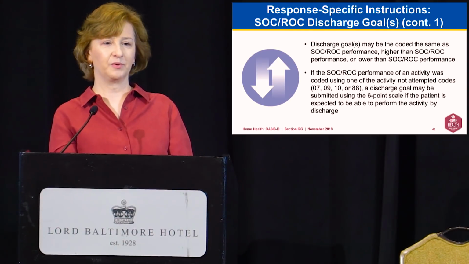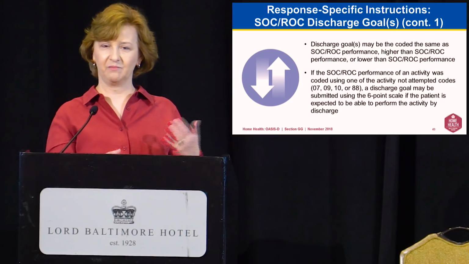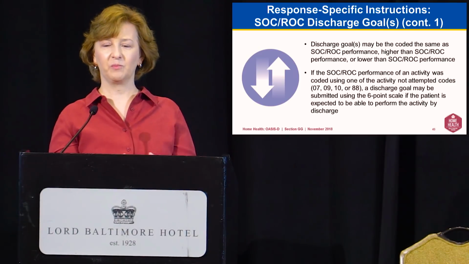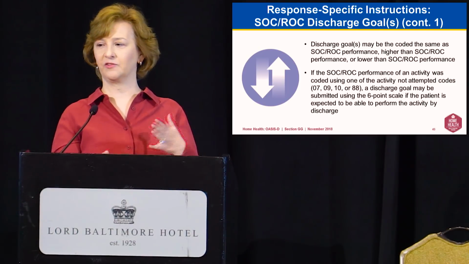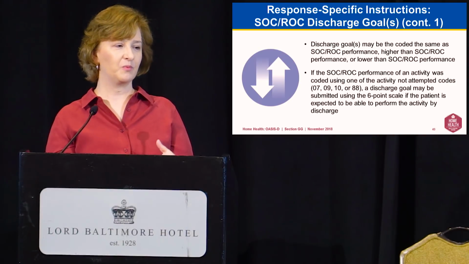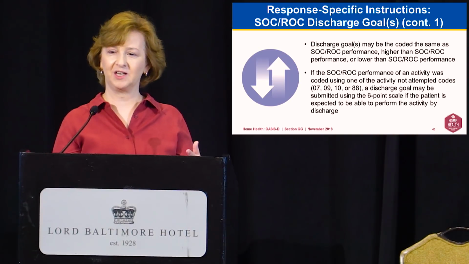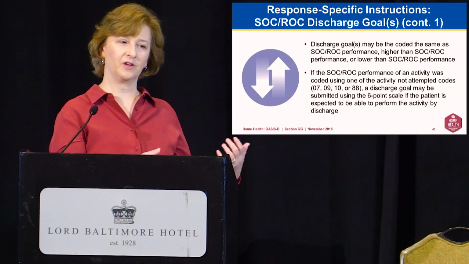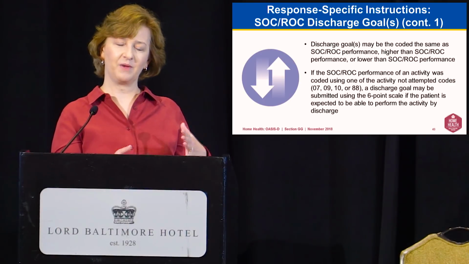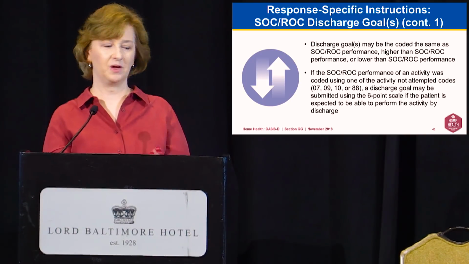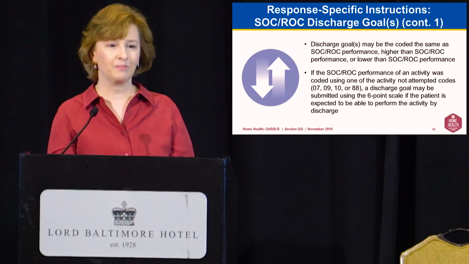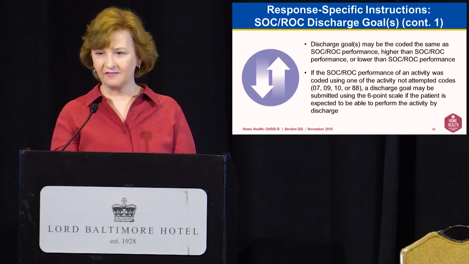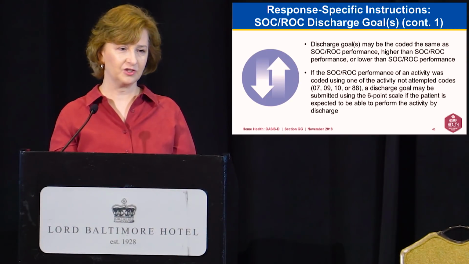Somebody recovering from a hip replacement or hip fracture may have a mobility score of, let's say, level 2, and the goal is to improve the person's mobility activities. The expectation is that the person will be independent by the time home care is completed, so the SOC/ROC performance might be 02 and the goal 06. It's also possible, as you know, that somebody may have an expected decline in function because of a chronic progressive condition.